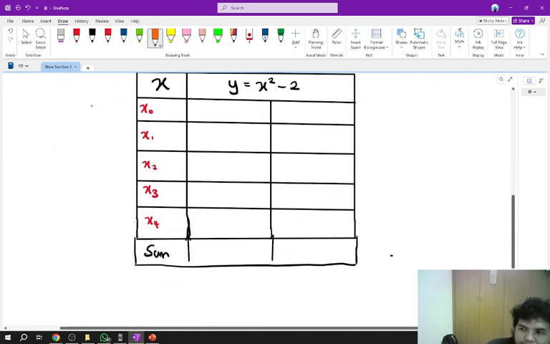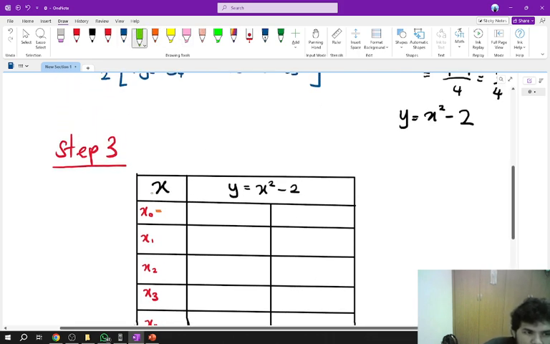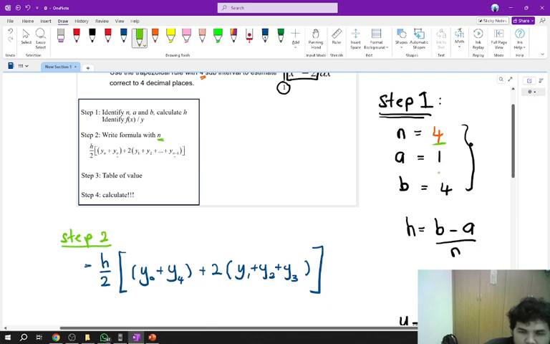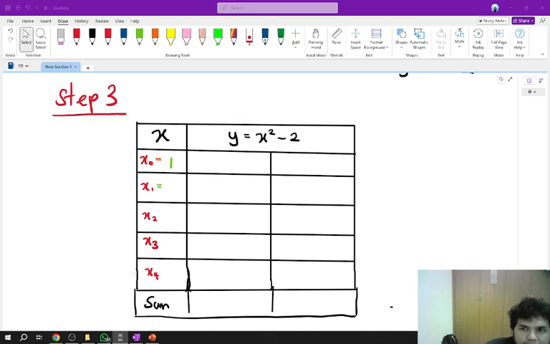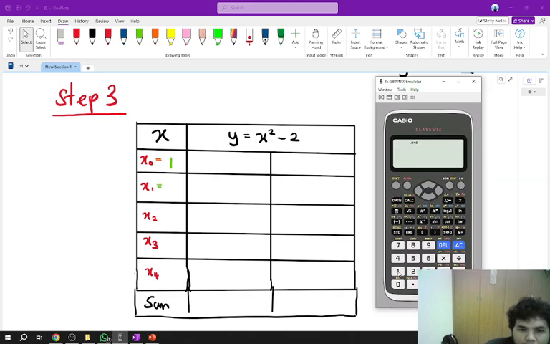Before we go for y, we need to decide the value for x0. Remember, x0 always starts with our lower limit, or a. In this case, our a is 1, so we just put x0 as 1. Now we have x1. To find x1, simply add 1 plus our h, which is 3 over 4.